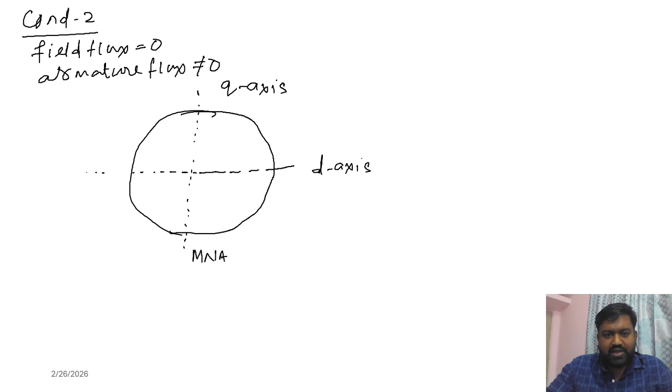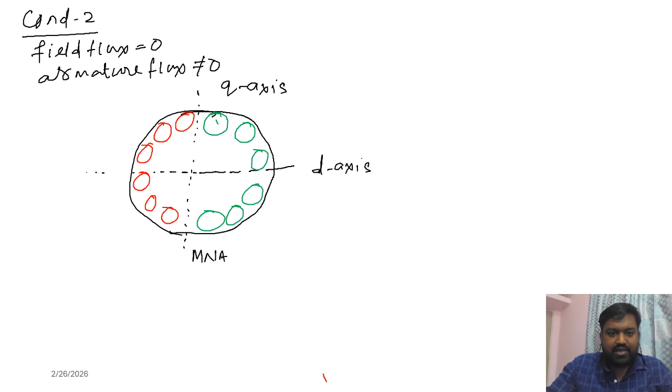If the q axis is the vertical center line, we know that the armature has armature slots. These are the slots: 1, 2, 3, 4, 5, 6. Suppose 6 slots on the left hand side. On the right hand side also there are 6 slots, 1, 2, 3, 4, 5, and 6.